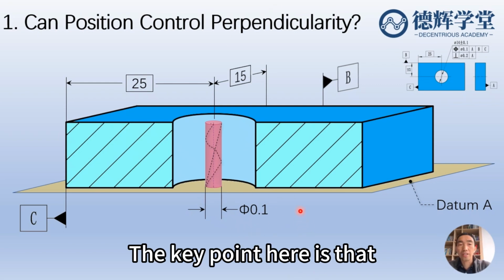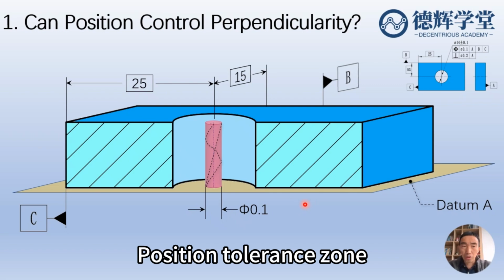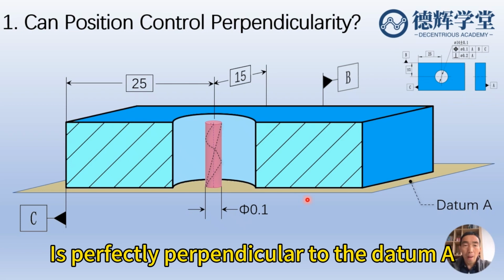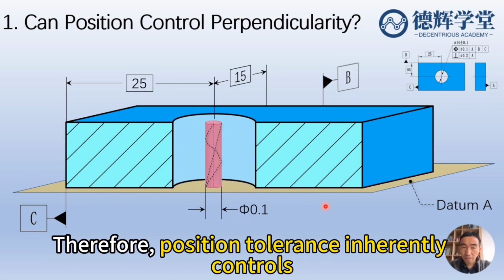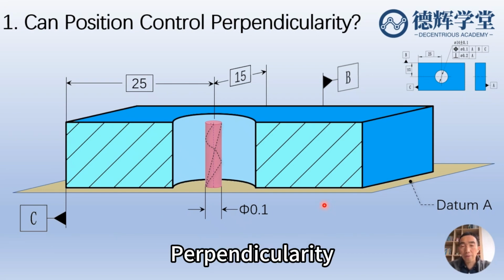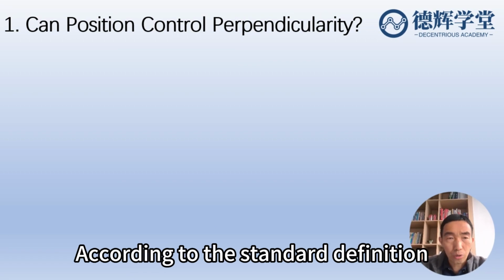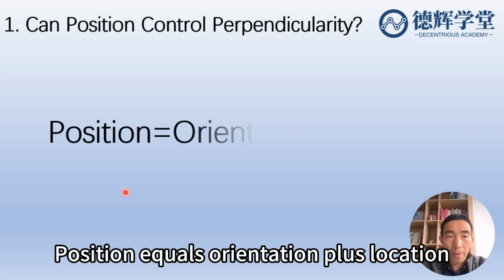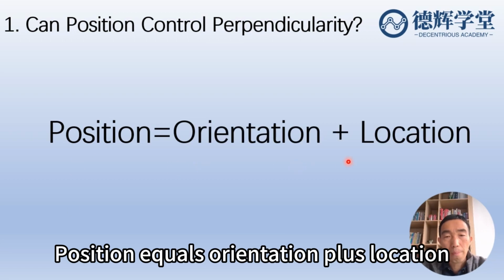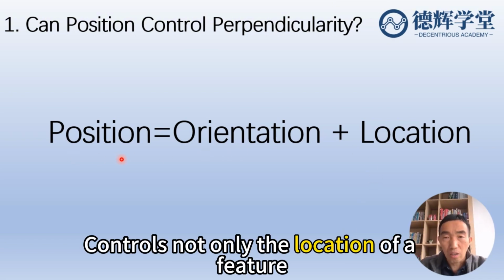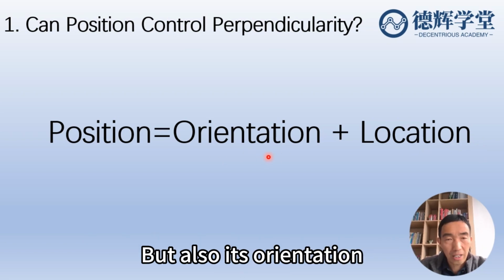The key point here is that the position tolerance zone, just like the perpendicularity tolerance zone, is perfectly perpendicular to datum A. Therefore, position tolerance inherently controls perpendicularity. Here, it is important to clarify that, according to the standard definition, position equals orientation plus location. In other words, position tolerance controls not only the location of a feature, but also its orientation.